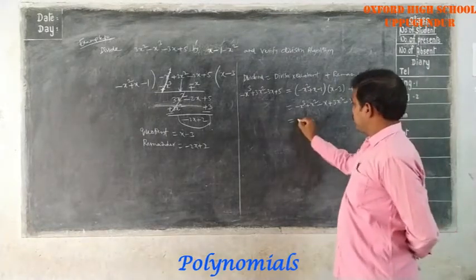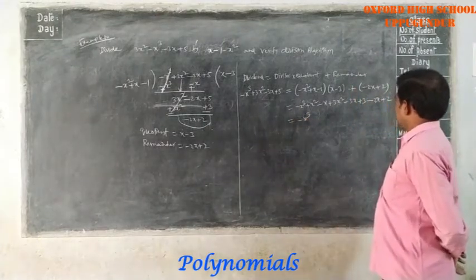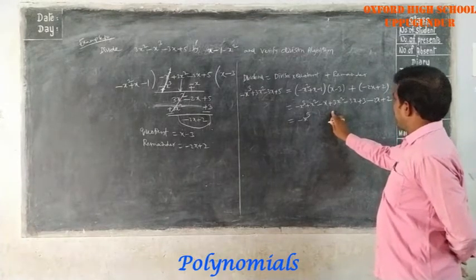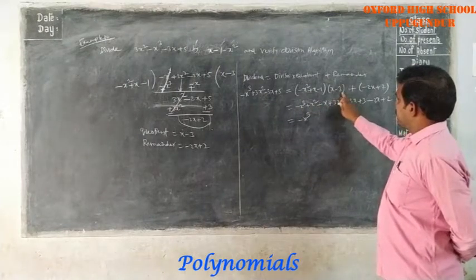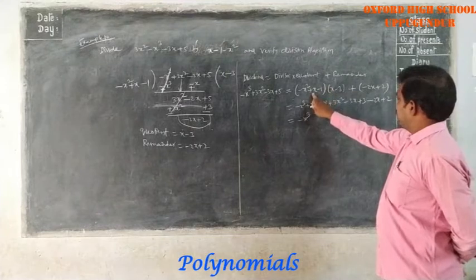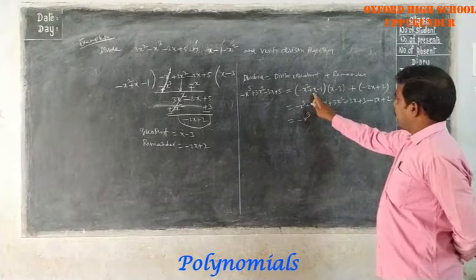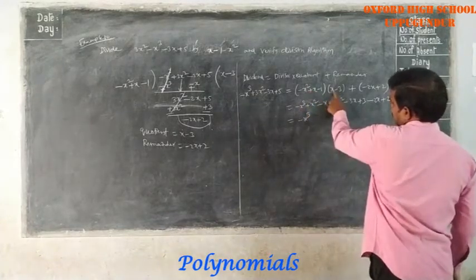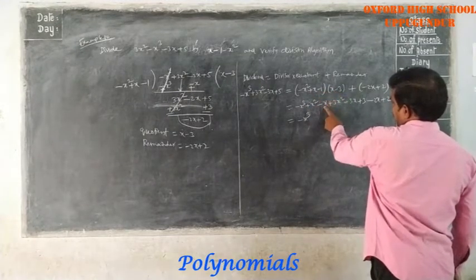Minus x cube plus 3x square. x cube, x square, minus x, minus 3x plus 3x square plus 3x. x into minus x square is minus x cube, x into x square, x into minus 1 is minus x.